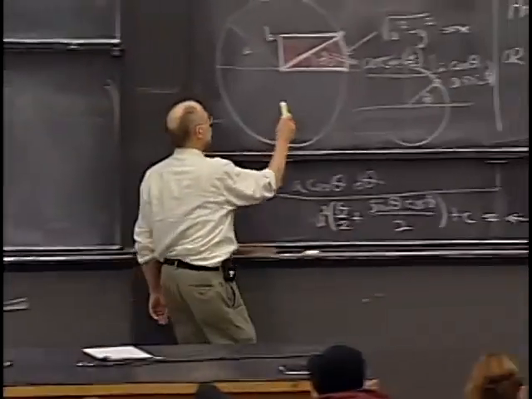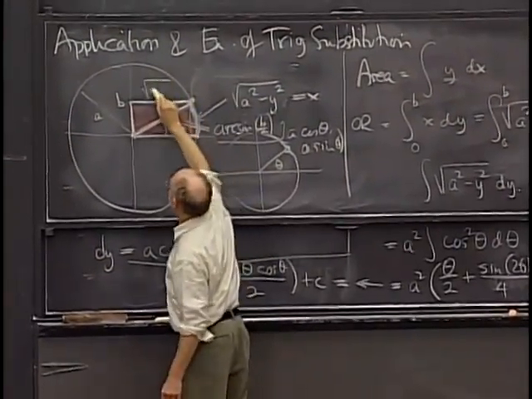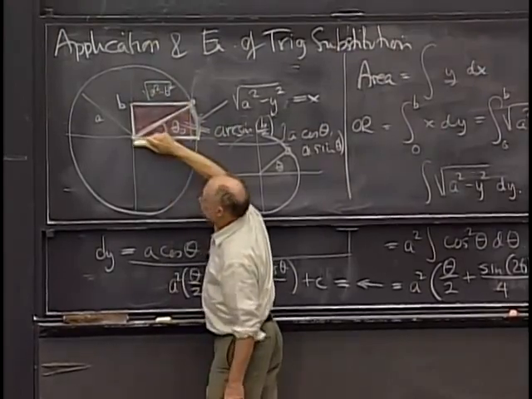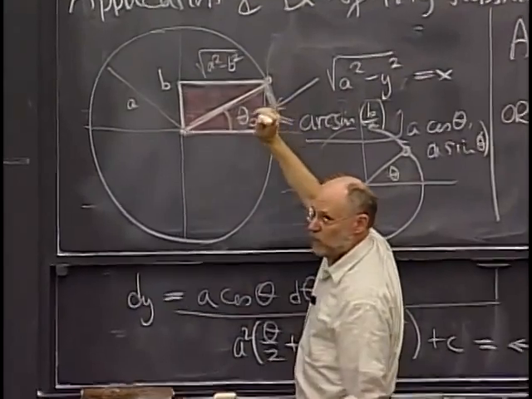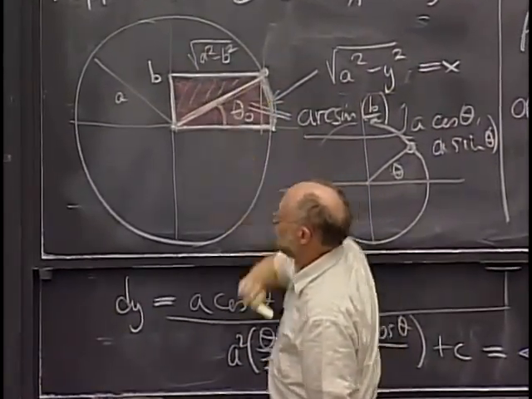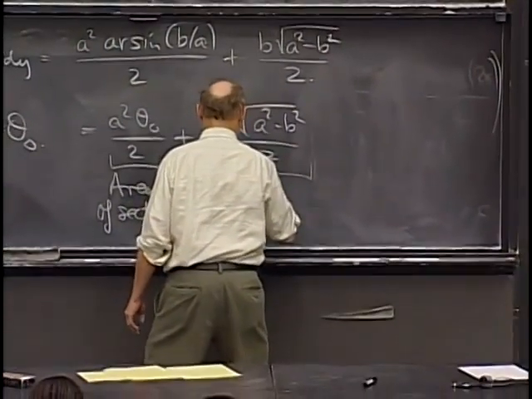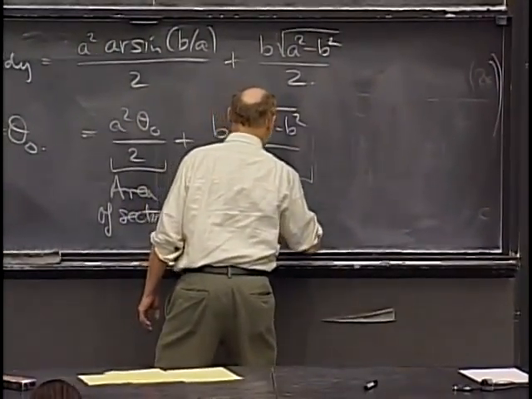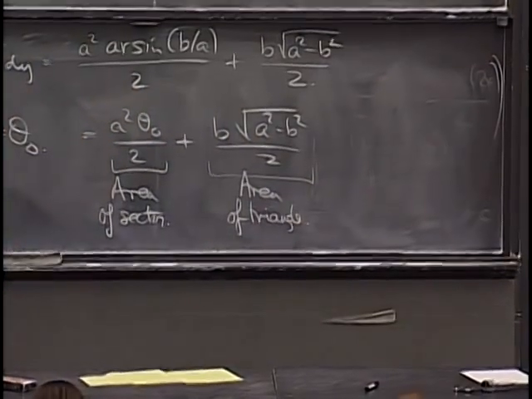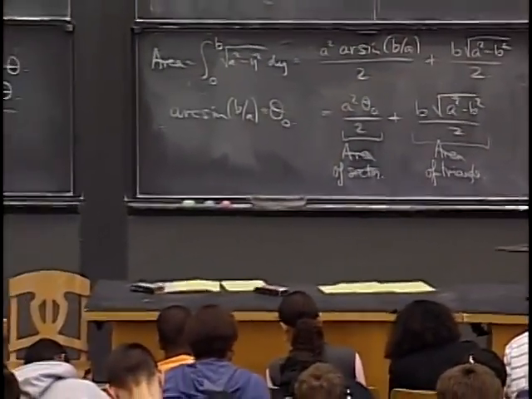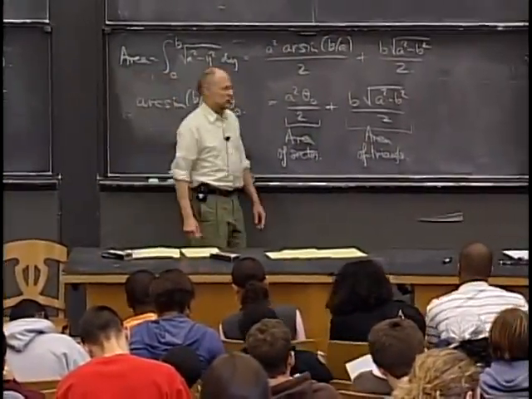A squared minus b squared is this distance, square root of a squared minus b squared. So the right-hand term is b times the square root of a squared minus b squared divided by 2. That's the area of that triangle. So using a little bit of geometry gives you the same answer as all of this elaborate calculus. Maybe that's enough cause for celebration for us to quit for today.